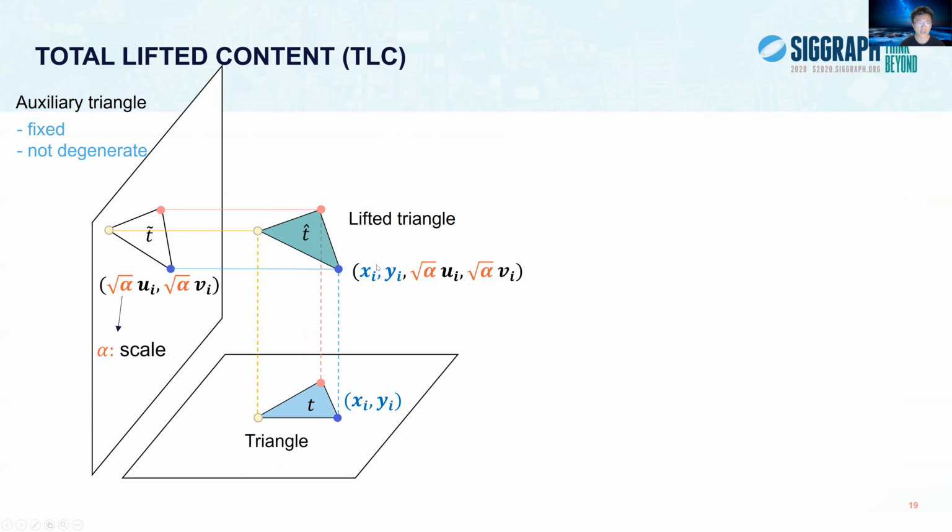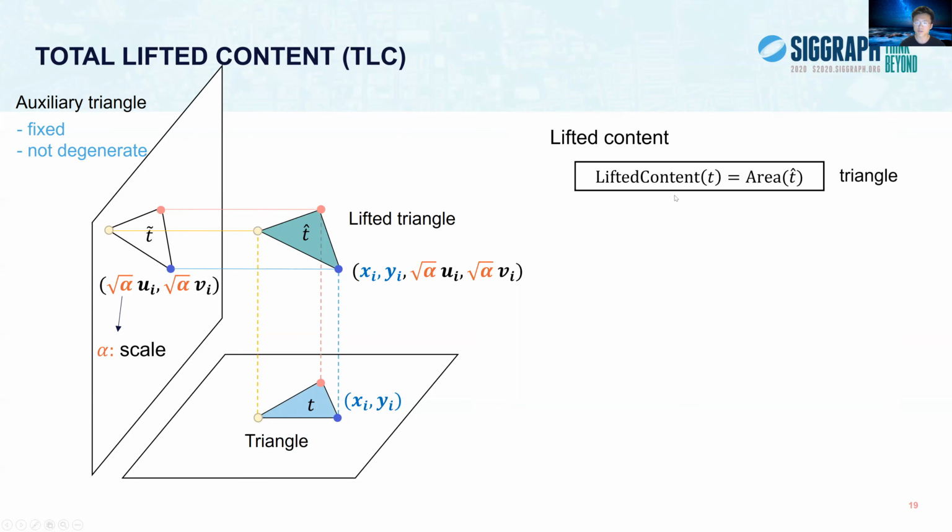Now, let's define the total lifted content energy. The lifted content of one triangle is defined to be the area of the corresponding lifted triangle. Notice we are talking about triangles here, but everything here can be applied to tetrahedra. So the lifted content of a tetrahedron is defined to be the volume of the corresponding lifted tetrahedron.